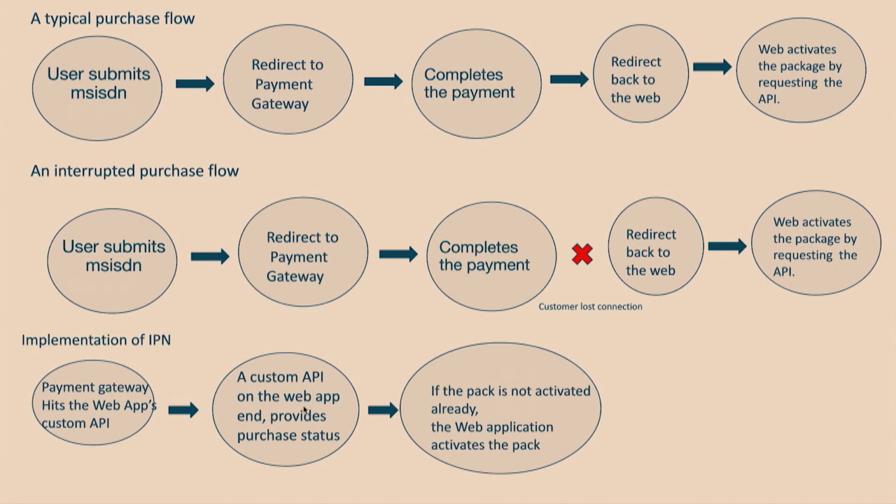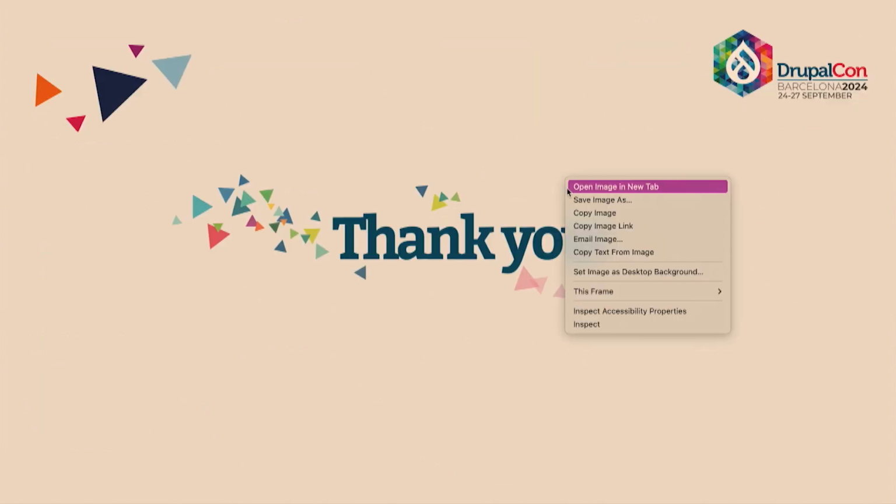If the package is already activated, then the purchase flow is normal. If the package is not activated already, the web application activates the pack. So this is how the issue is addressed.